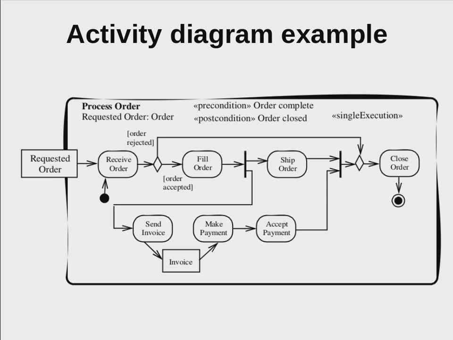Similarly, BPMN is equivalent to activity diagram, the only difference is how expressive they are. And activity diagram is less expressive, so you need to add more details to say the same amount of information in UML activity diagram as you can say in BPMN.